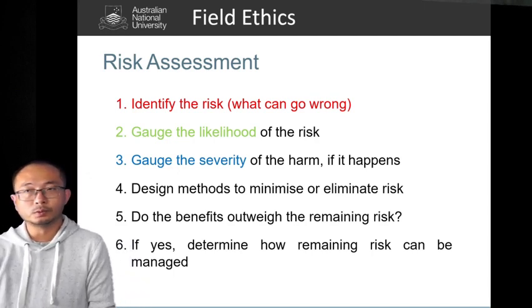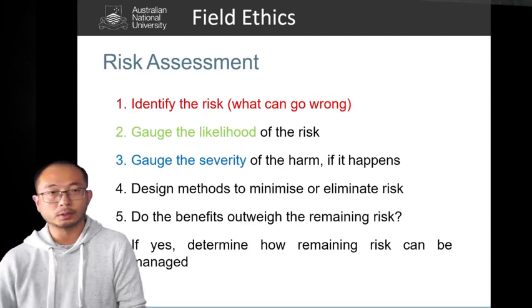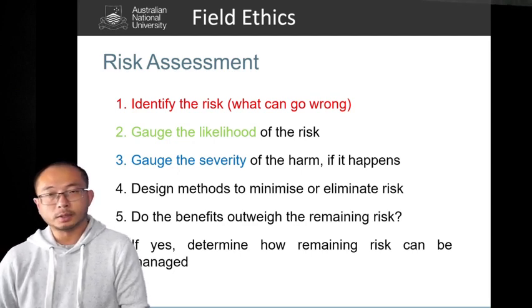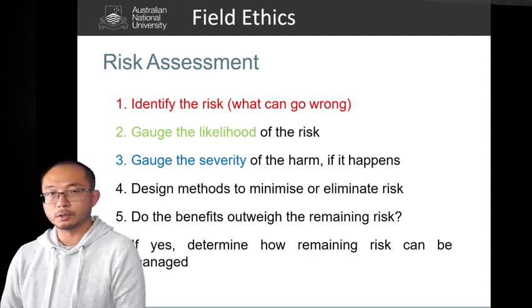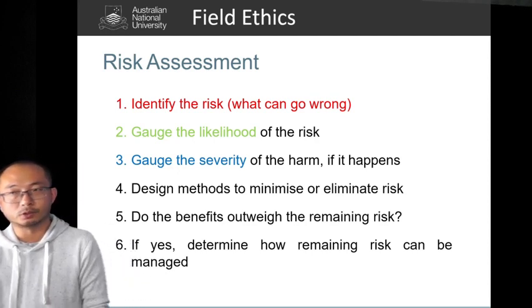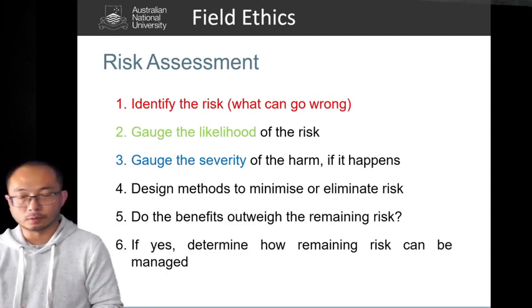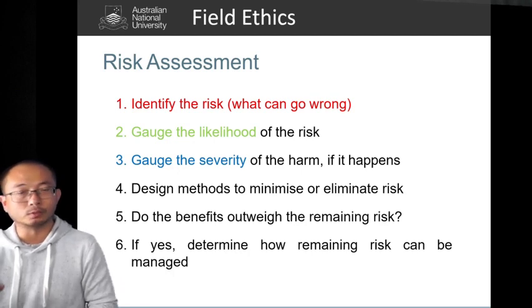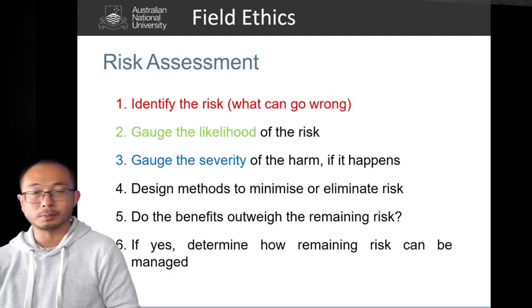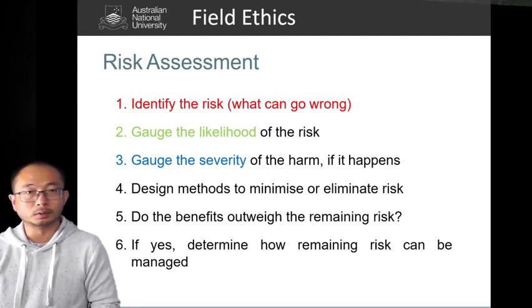So when you run through these risk assessments, you run through the scenarios in your head, and you identify what could go wrong, and then you gauge the likelihood of the risk, gauge the severity. And in a lot of risk assessments and risk assessment matrices, you are required to design methods to minimize the risk or eliminate it, if possible.